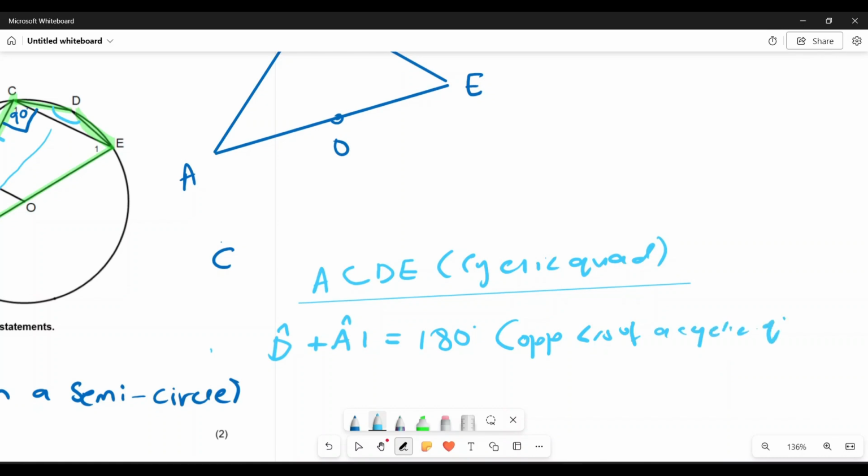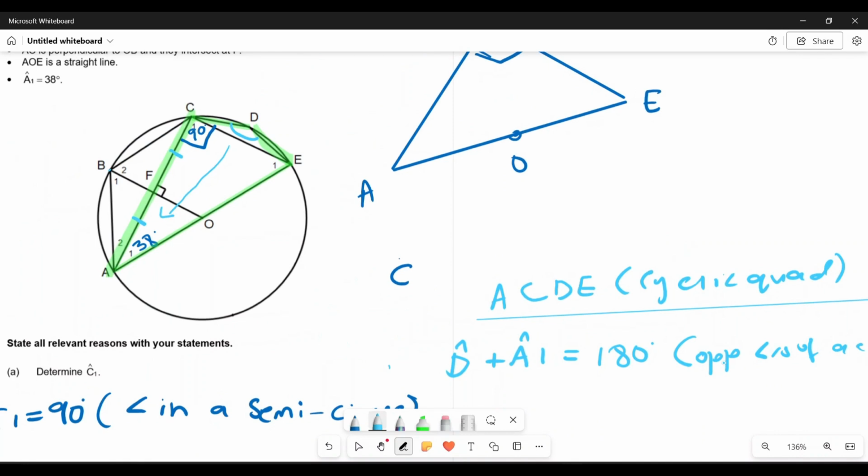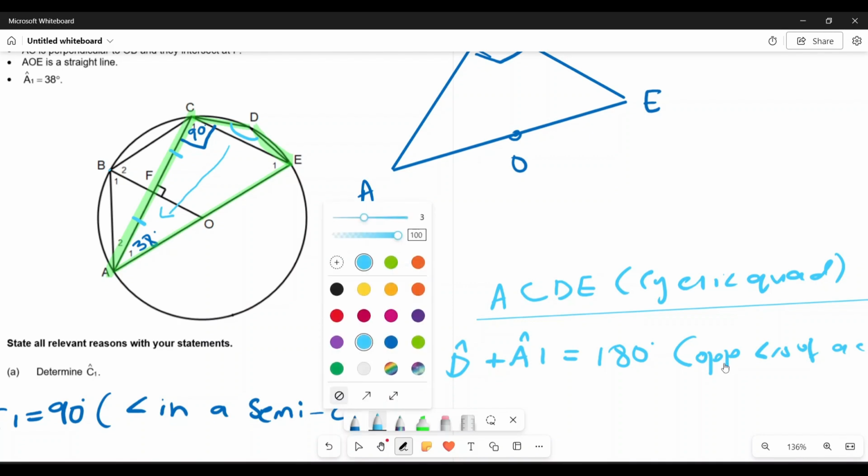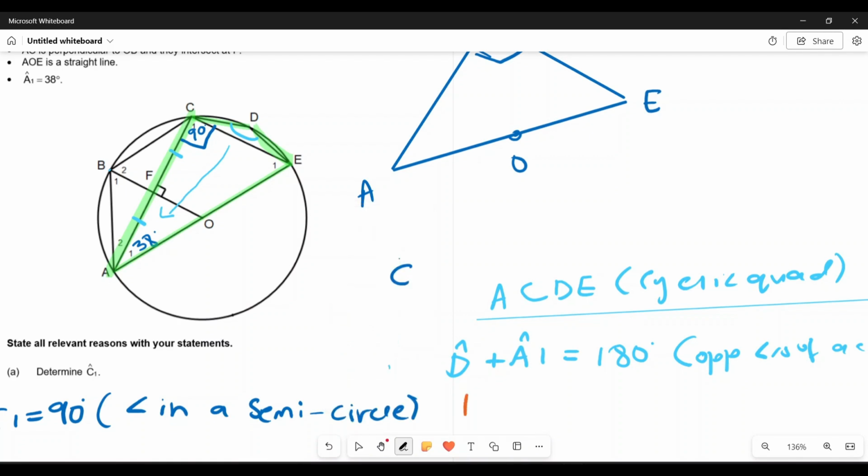Now, in this instance, we are not told that this is a cyclic quad, but because we know exactly what a cyclic quad is, we are using the properties of a cyclic quad to answer this question, right? So here, opposite angles of a cyclic quad are supplementary, right? And now my angle D, which is what I'm trying to solve for, plus my A1, which is 38 degrees, is equal to 180.